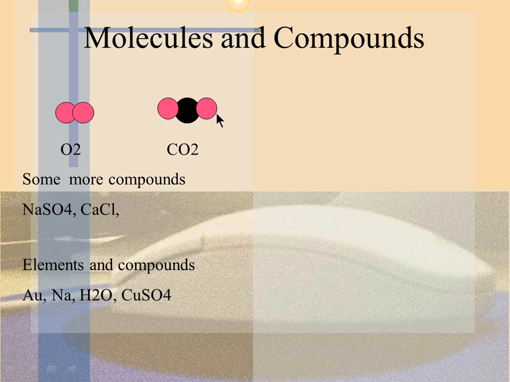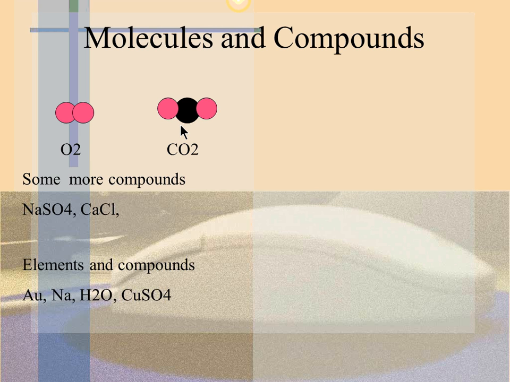When atoms of different elements combine together, they form a compound and they form a molecule of that compound. So again, I'll repeat. A molecule is when atoms combine together.